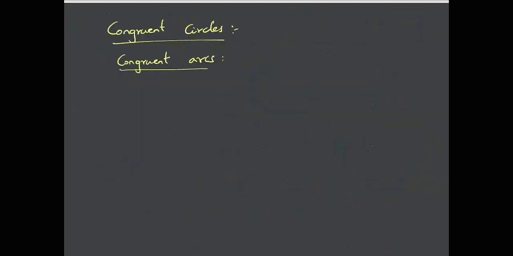So let us discuss what congruent circles are. Congruent circles are nothing but circles which have the same radii. So say there are two circles.